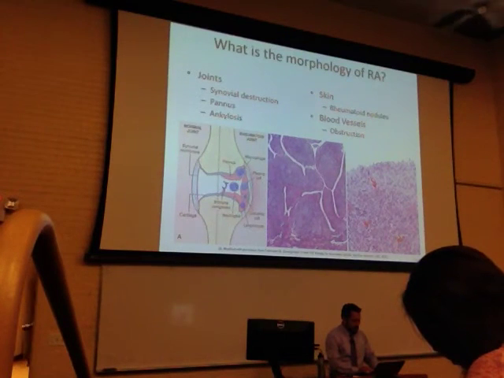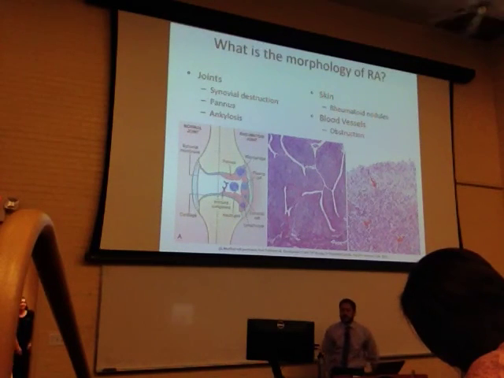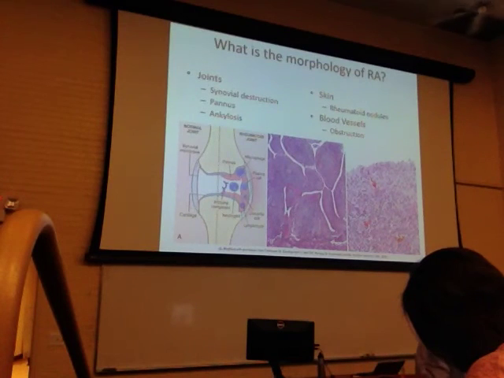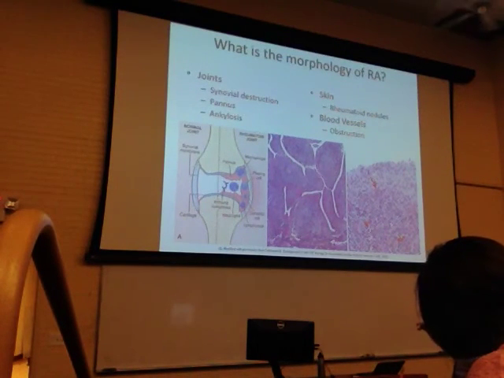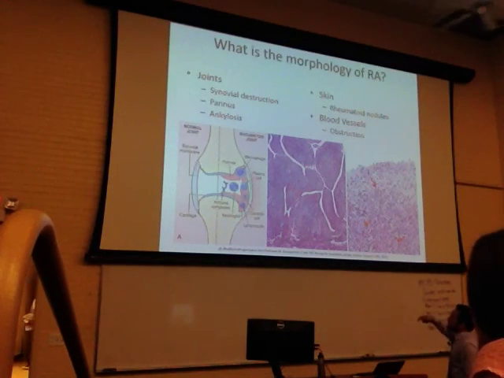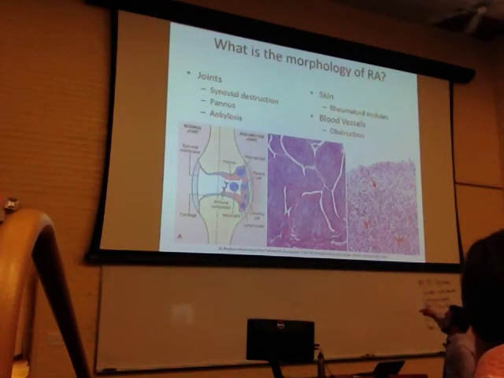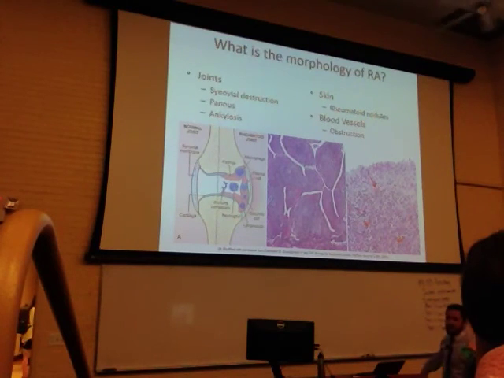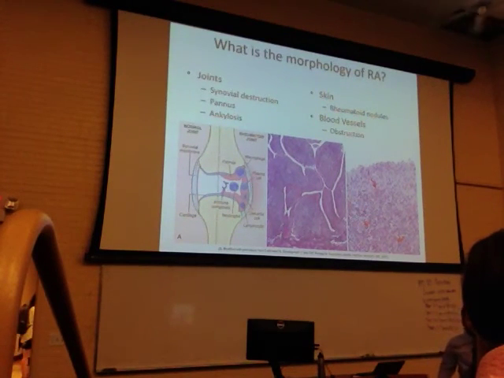The one that shows up in the joint that's very, very common in our population is this synovial destruction. You can see on the far left this cross-sectional diagram of a normal joint on the left and a rheumatoid joint on the right. The collagen 2 that lines the joint is thought to be this arthrogenic agent, and that's what's stimulating this local inflammatory response with antibody production, but again, we call it type 4 because of the involvement of T cells.